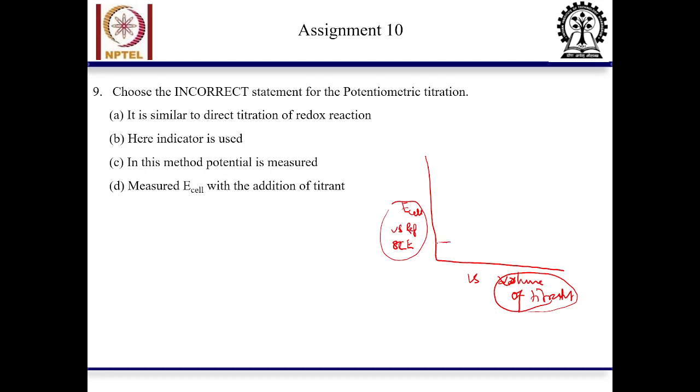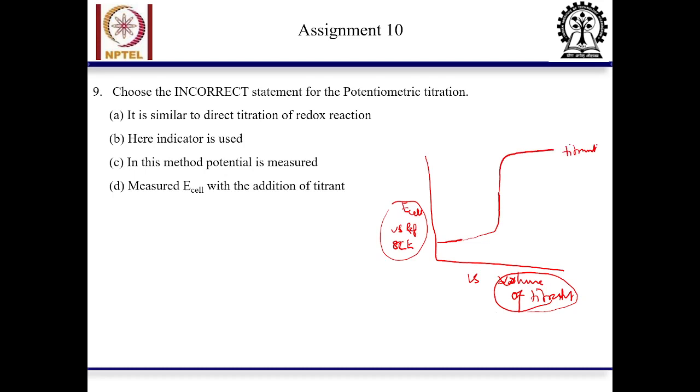Initially it will be the potential of the species present at the start, the species which you are going to determine. At the end point, the redox potentials of both species, your titrant and your analyte, will be balanced. After that, the potential will come from your titrant only.